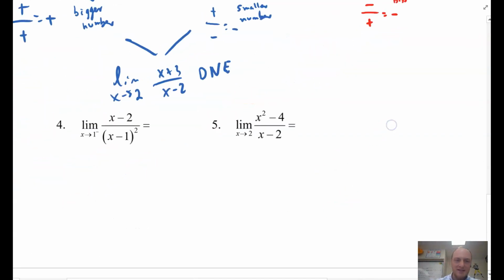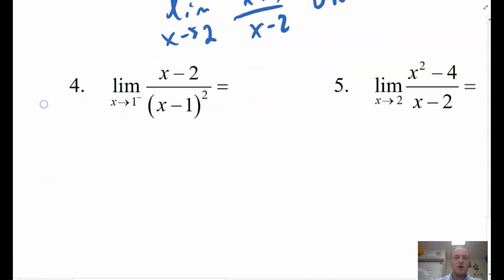Now looking at example 4, we're coming from the left, and this is a smaller number than 1. Still in my numerator I'm going to have a negative value, approaching -1. When I plug in a smaller value than 1 in my denominator, this value is also going to be negative, but it's negative squared, giving me a positive.